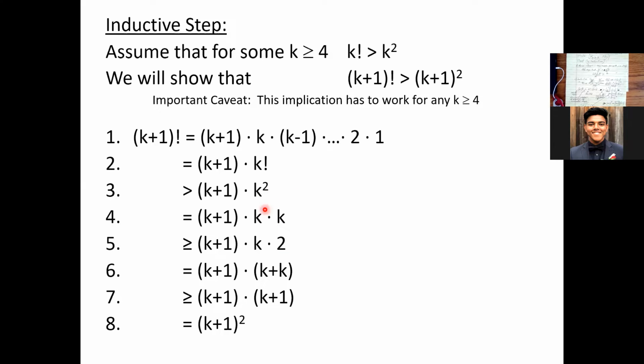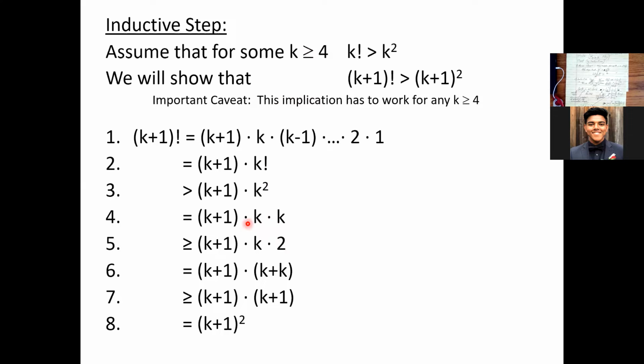Well, there are many ways to do so. Here's just one series of rewrites that allows you to do so. If you just note that k times k is at least k times 2 if k is at least 2. That's all that's happened here, right? k is at least 2.